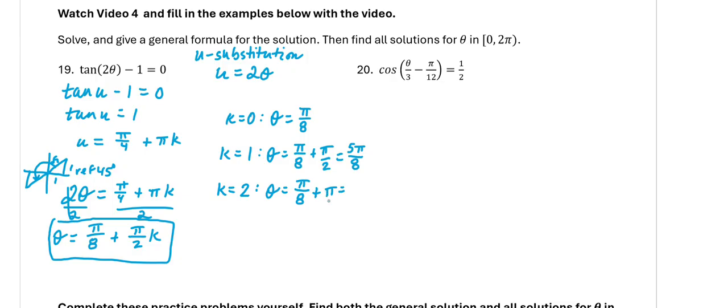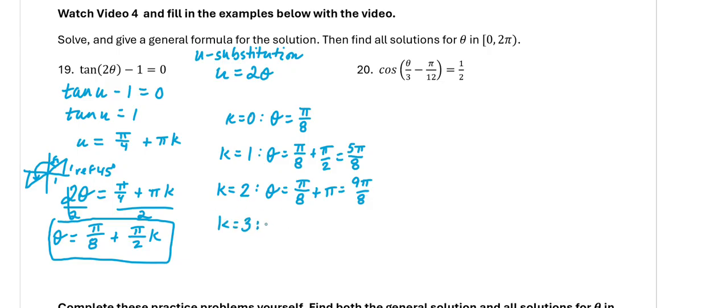So that would be like 8 pi over 8. So 9 pi over 8. I'm kind of just adding these fractions in my head. You are welcome to use your calculator. Again, don't type in pi. You just do like 1/8 plus 1. And it will give you 9/8 if you turn it back into a fraction. Okay. So 9 pi over 8, that's in quadrant 3, right? It's just a little bit past pi. So we have to keep going.